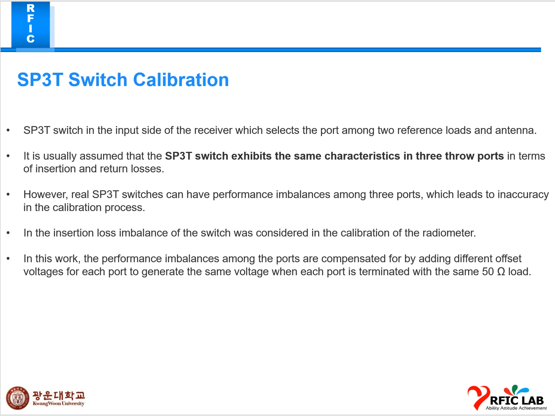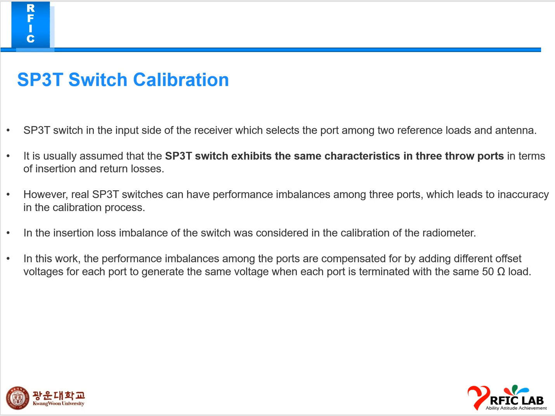Usually it is assumed the SP3T switch exhibits the same characteristic in all three through ports, but a real SP3T switch can have performance imbalance among the three ports, causing inaccuracy in the calibration process, so loss imbalance of the switch was considered.